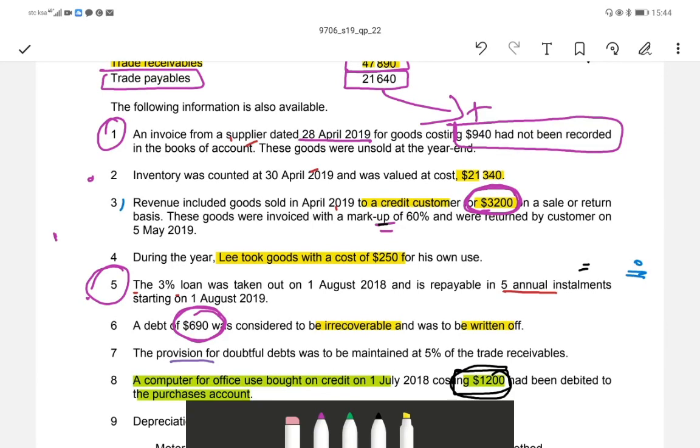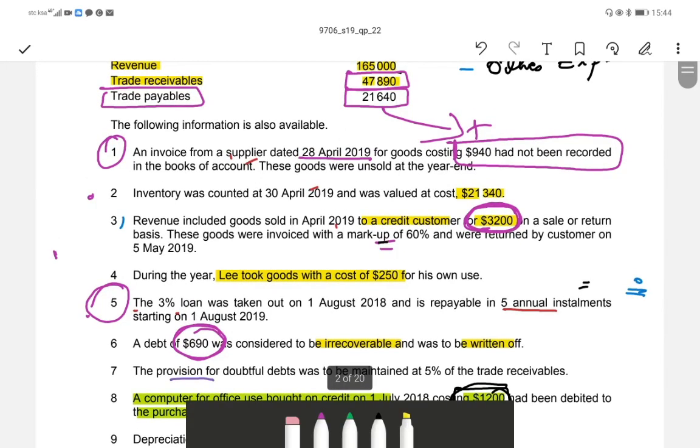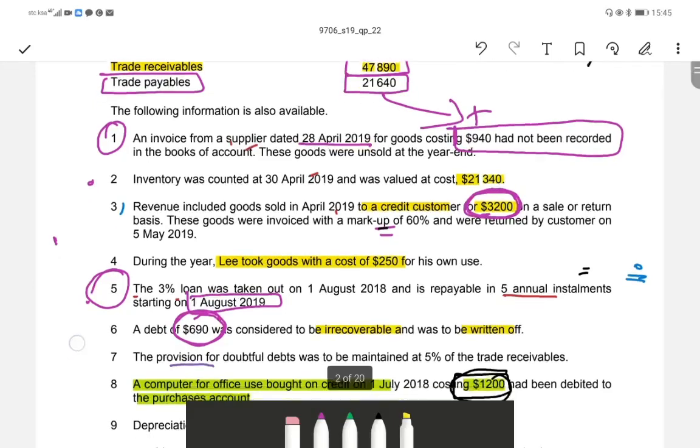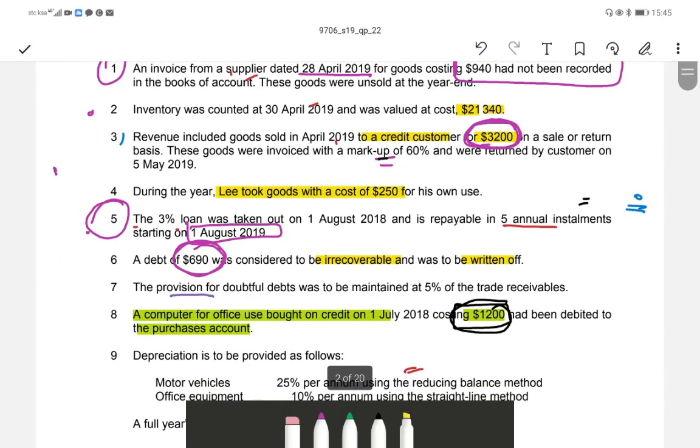So after April, May, June, July, August, how many months are there? Only 3 months. On 1st August they have to pay the first installment. So that is within a 6-month period, so it is included in the current liability. The business has to pay after 3 months the first installment.